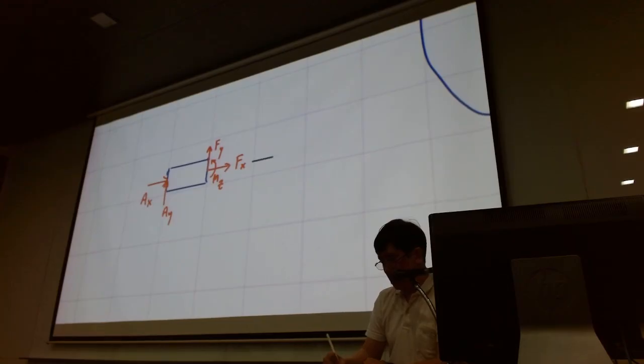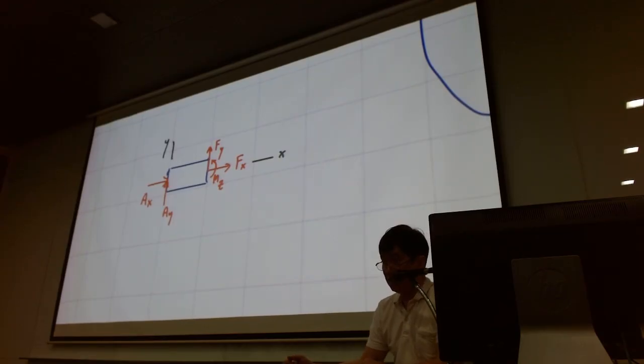Now the problem that you had earlier, you already have the xy axis. That's okay. You can keep the same axis system as before. But you still need to draw this in this picture as well, because it's a different free body diagram.